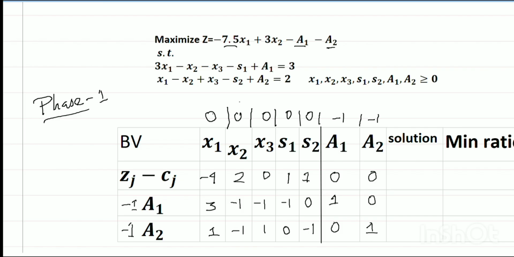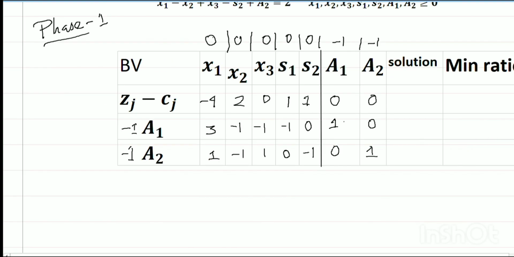The artificial variable technique is merely a device to get the starting basic feasible solution, so that the simplex procedure may be adopted as usual until the optimal solution is obtained. And you see here the identity matrix.